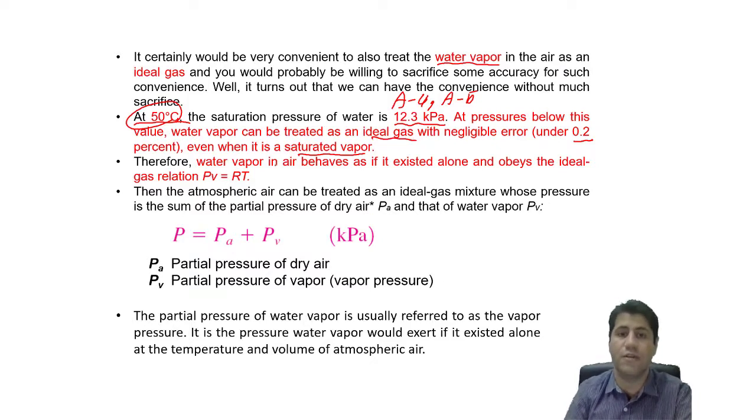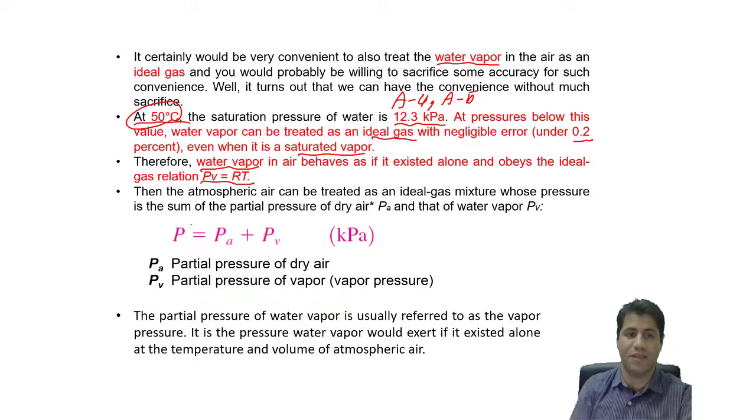So for the water vapor portion of the atmospheric air, we can also assume an ideal gas, and the vapor behaves as if it existed alone and obeys the ideal gas relation. If you remember, PV equals RT. This is also valid for water vapor at this temperature and pressures below 12.3 kilopascal.